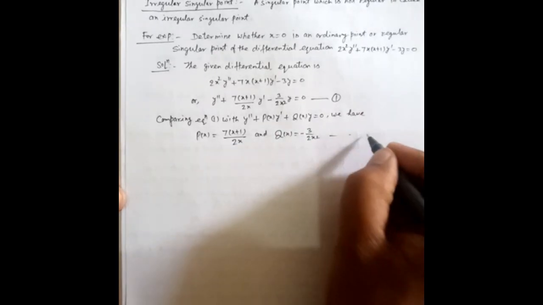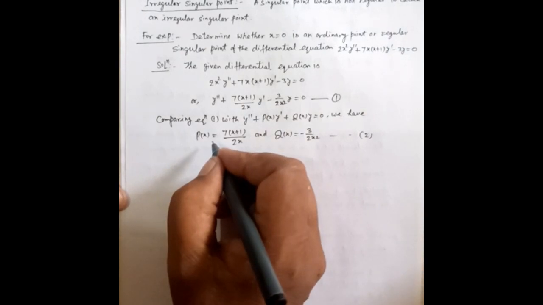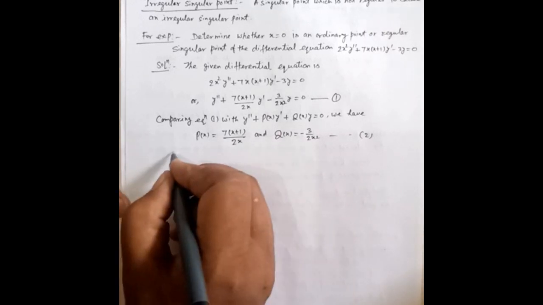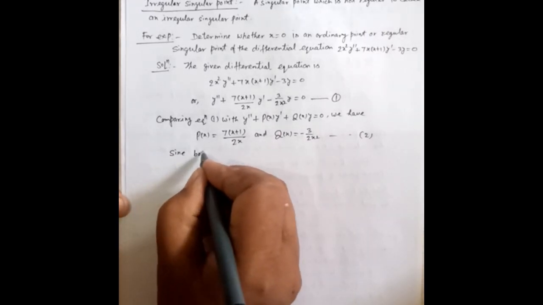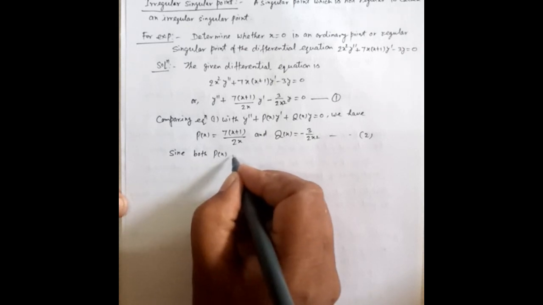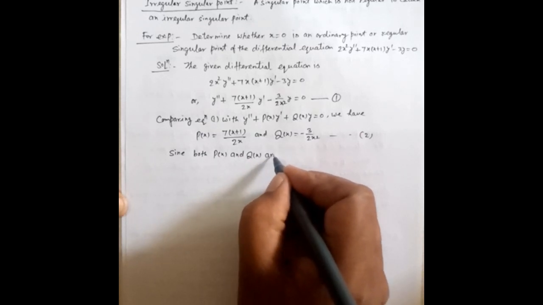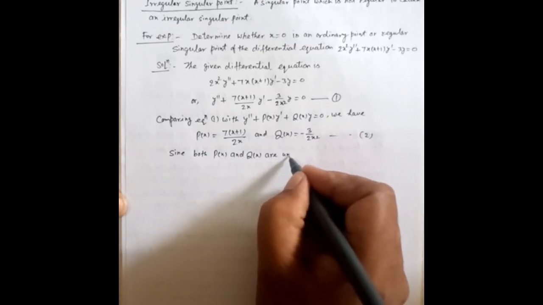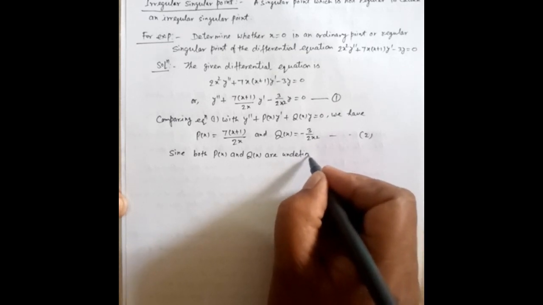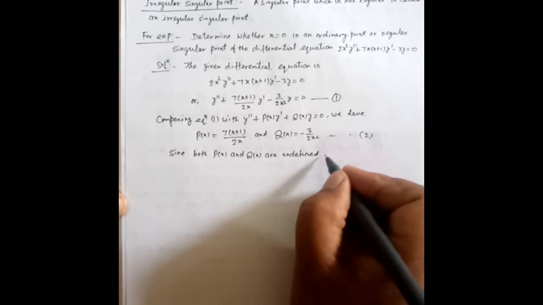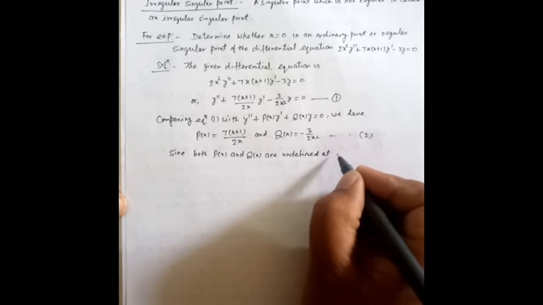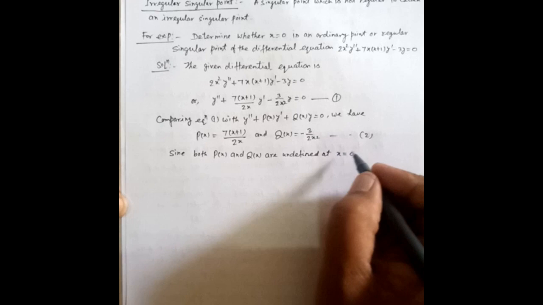Let this be equation number 2. Since both p(x) and q(x) are undefined at x equal to 0, both p(x) and q(x) are not analytic at x equal to 0.